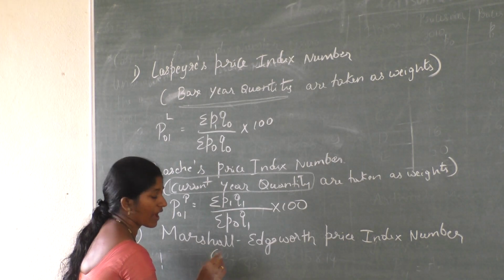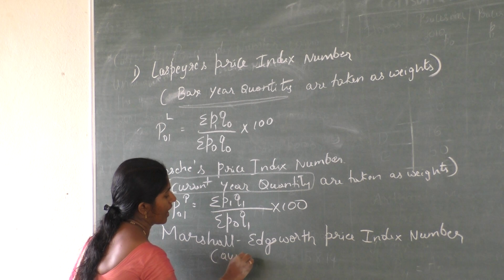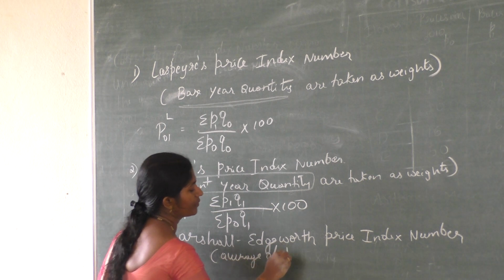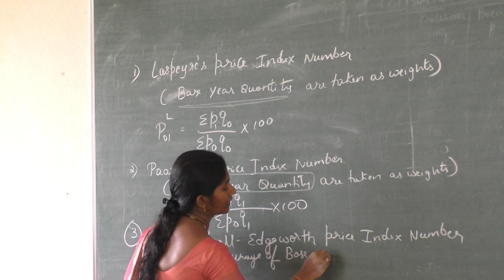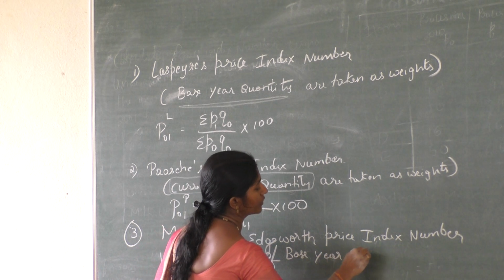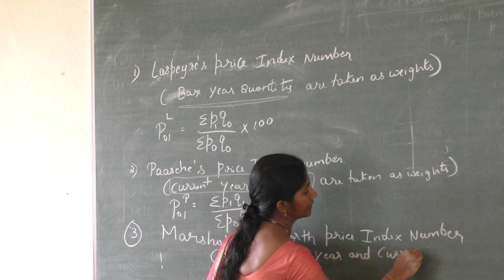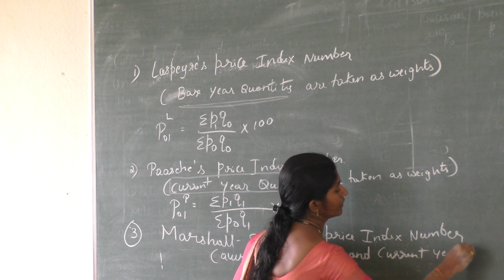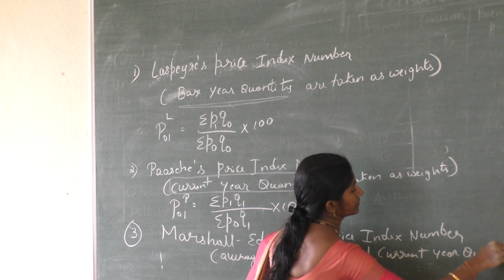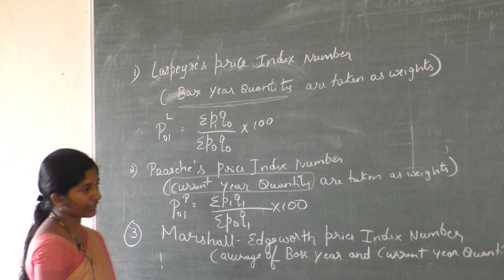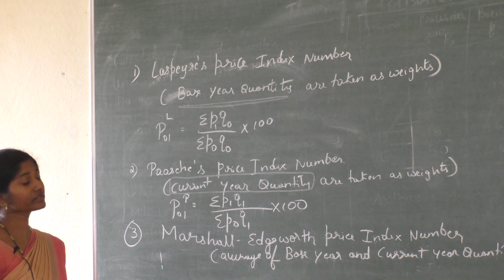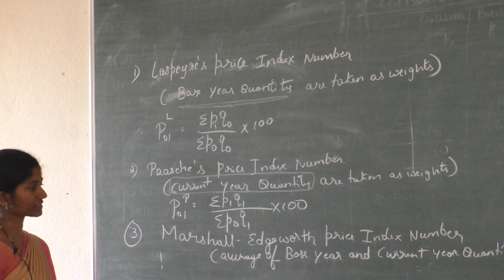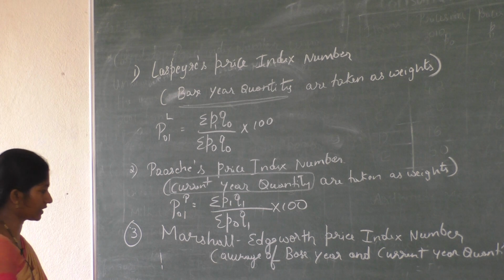So this is the average of base year and current year quantity. We are taking both base year and current year quantity, that is the average of base year and current year quantity.